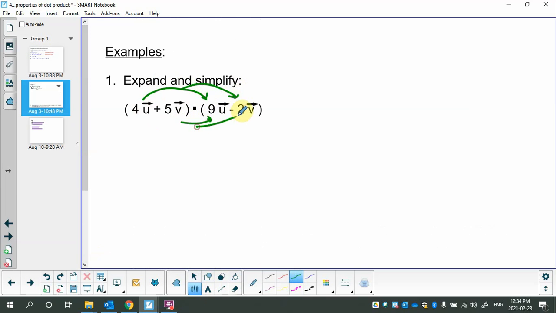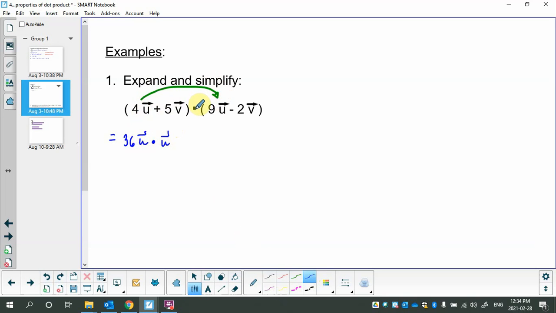I am going to do this, but that implies multiplication back in the olden days of grade 8, 9, 10, 11, and 12 before today. What I'm going to do is do this, but not with multiplying, but with dot product. So that means 4 times 9, 36, and vector u dotted with another vector u.